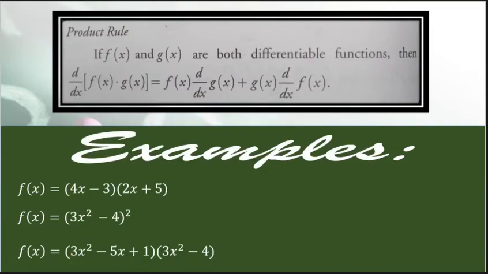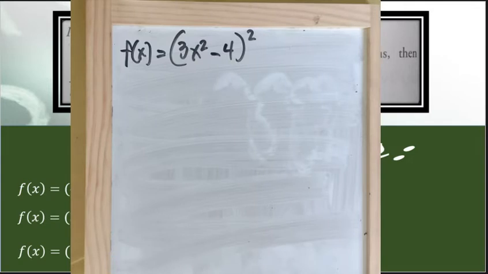Okay, let's take the second example. The second example is: f of x is equal to 3x squared minus 4, squared. So here, there is another method in solving the derivative of the quantity 3x squared minus 4 to the second power.